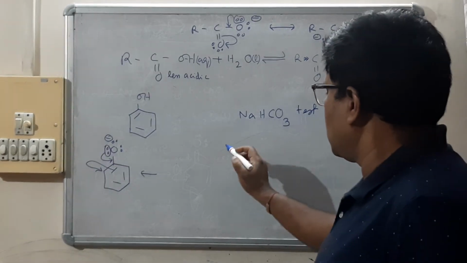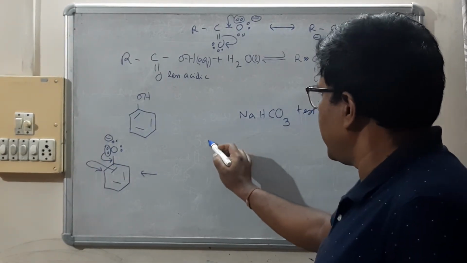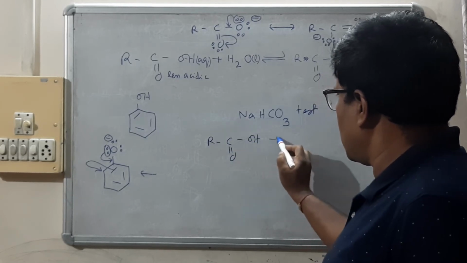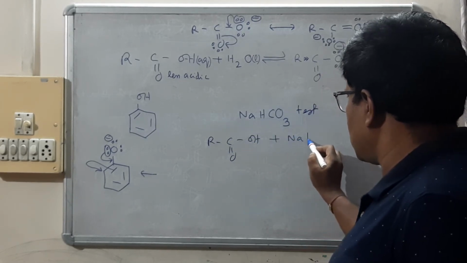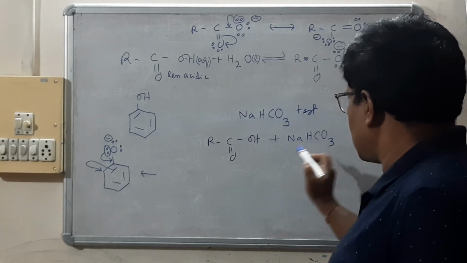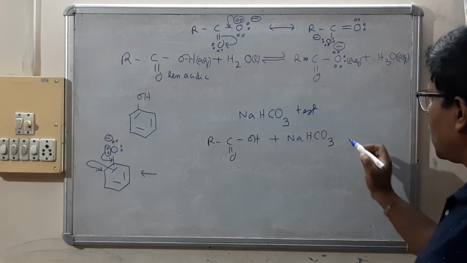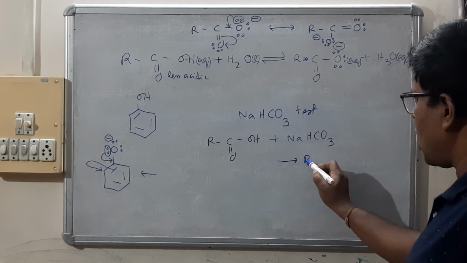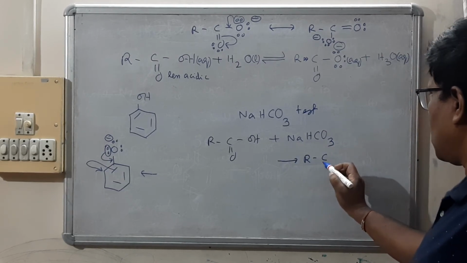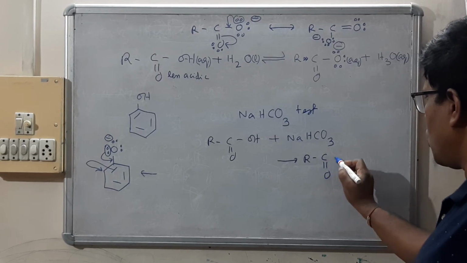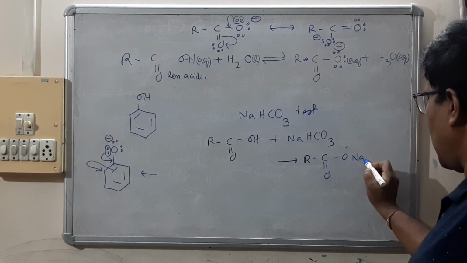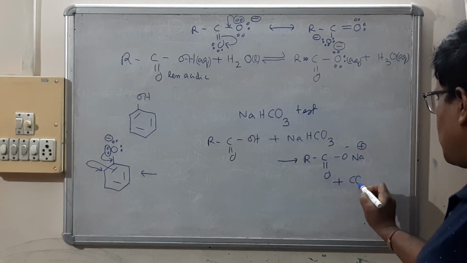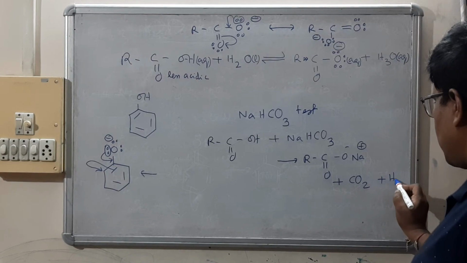So there occurs a chemical reaction: carboxylic acid decomposes sodium bicarbonate, and the product is RCOO-Na+ plus carbon dioxide plus water.